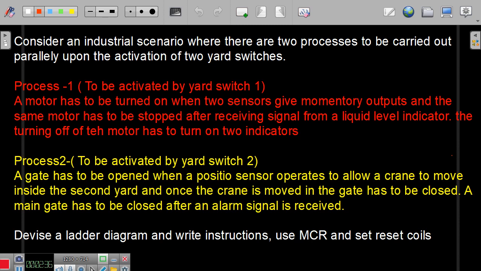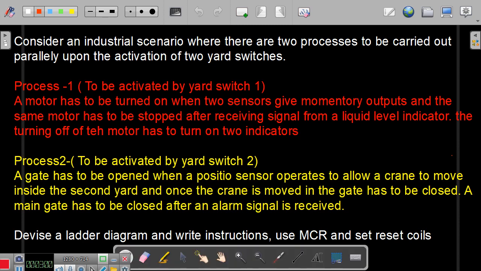Then the process 2, which is to be activated by one more switch, which I refer to as yard switch 2. So the process goes something like this. A gate has to be opened when a position sensor operates.